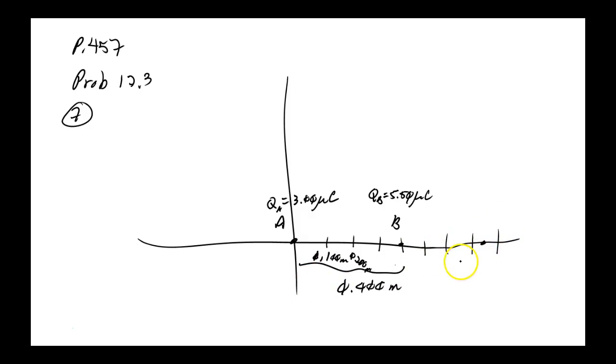So that's 0.700 meters, this is 0.750 meters, this is 0.800 meters, just to give you an idea. Now, the charge there is negative. This is point C. So Q sub C is equal to negative 4.60.